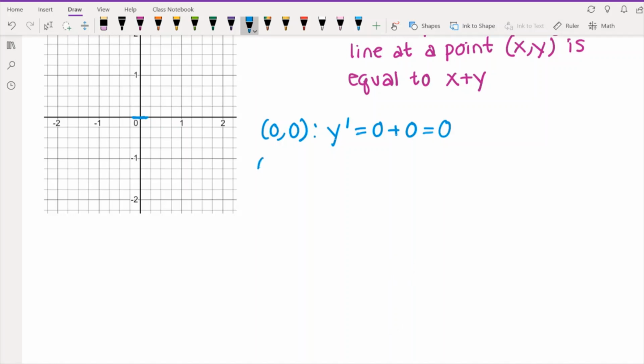Now let's try 1, 0. One thing that's important to note here is that differential equations have many solutions, right? They don't just have one. And so we're not saying that one particular graph goes through all of these points that we're doing.